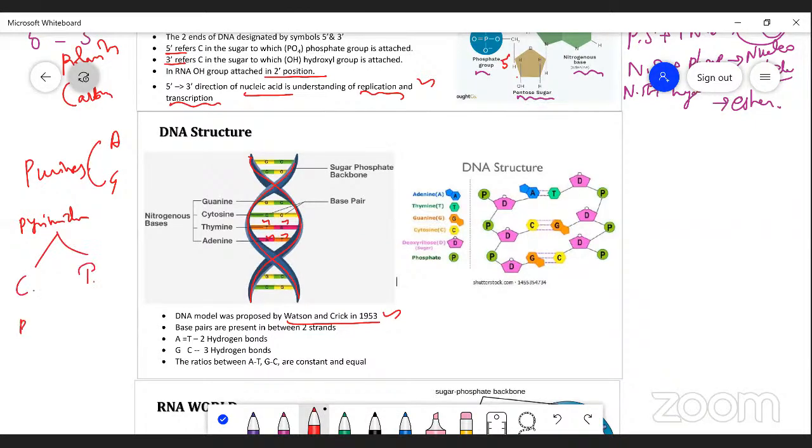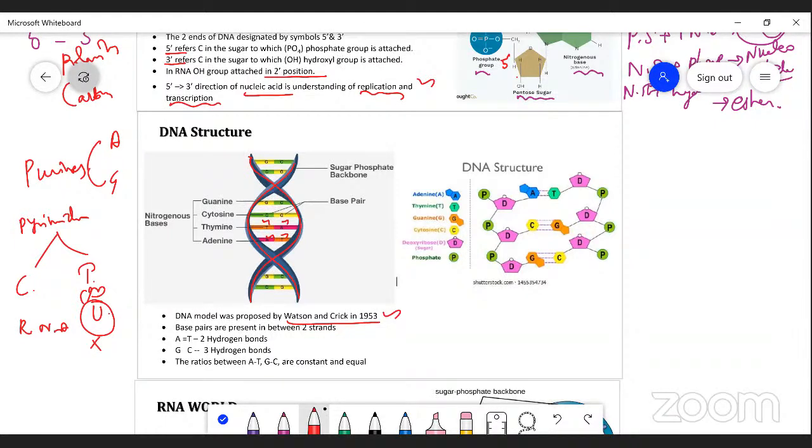In RNA, instead of thymine, uracil is present. So in the DNA structure we can't see uracil. We only see adenine, guanine, cytosine and thymine. These four nitrogenous bases are present in between the two strands.